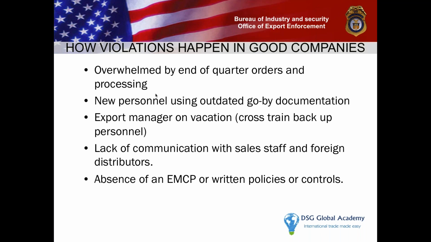So many times companies are just overwhelmed by quarter end, or there's a new personnel that goes by outdated documentation. Remember, export control has gone through a lot of changes in the last 5 years. So if you're using outdated information, you could be at risk as well.